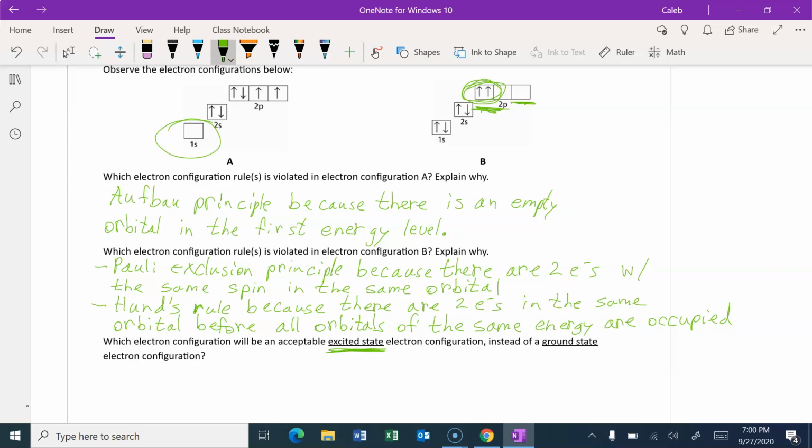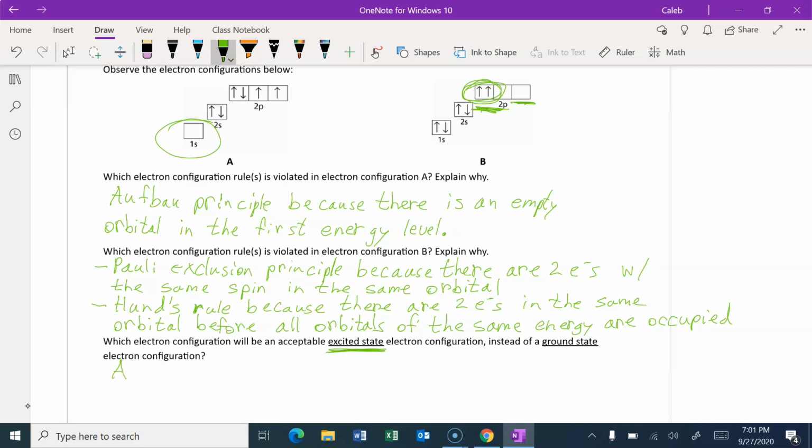So not all of the electrons are in the lowest energy state. So the one on the left, A, even though it's violating the Aufbau principle, it can actually happen sometimes if it's an excited state electron configuration.